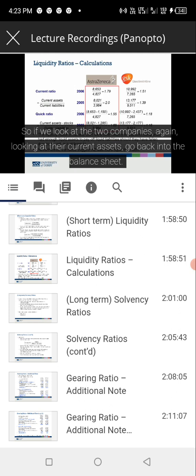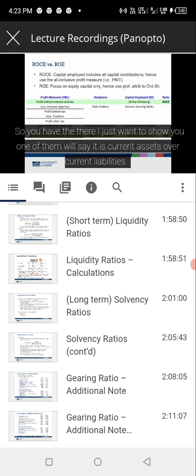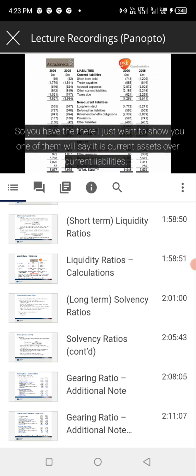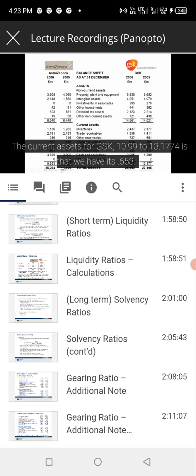So if we now look at the two companies again, looking at their current assets, go back into the balance sheet. I just want to show you one of them. We say it is current assets over current liabilities. The current assets for GSK, 10.992, 13.177.